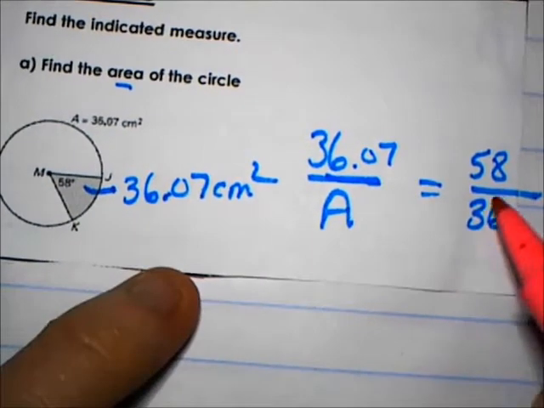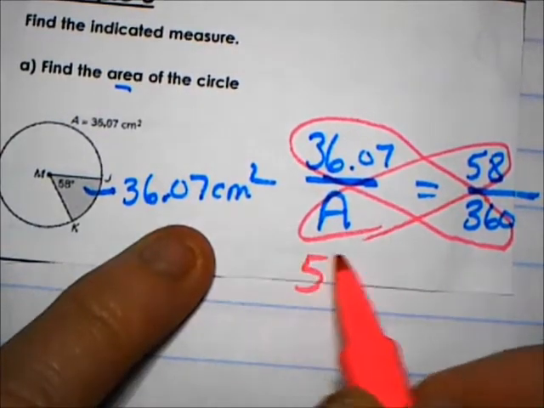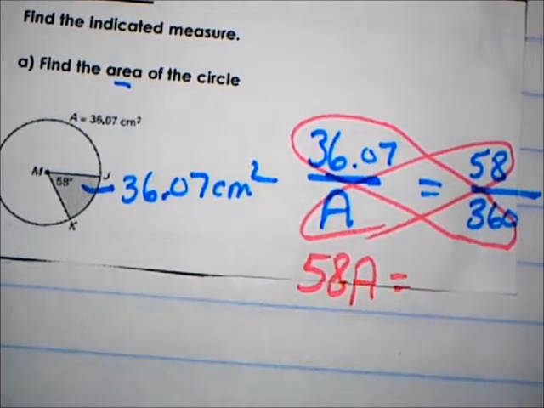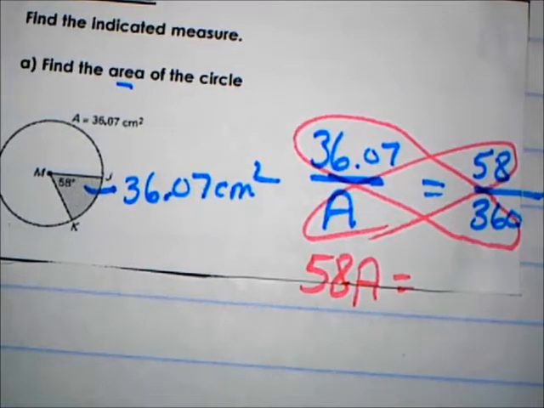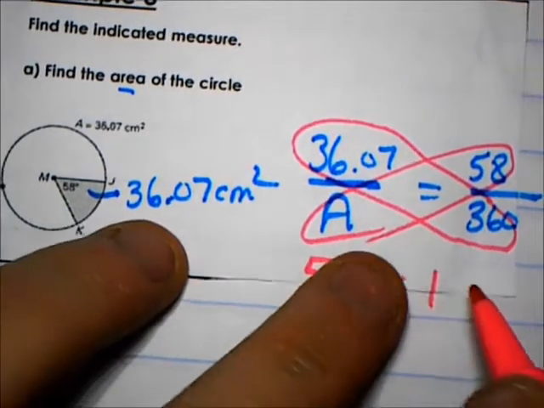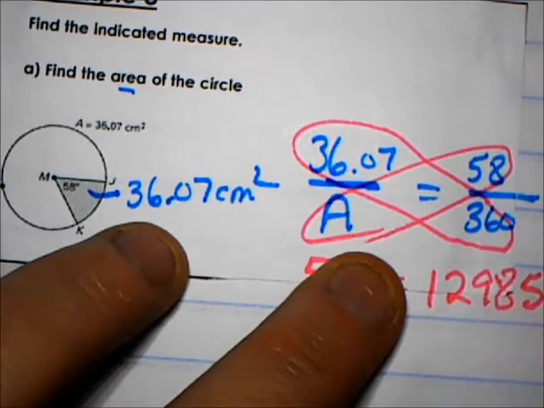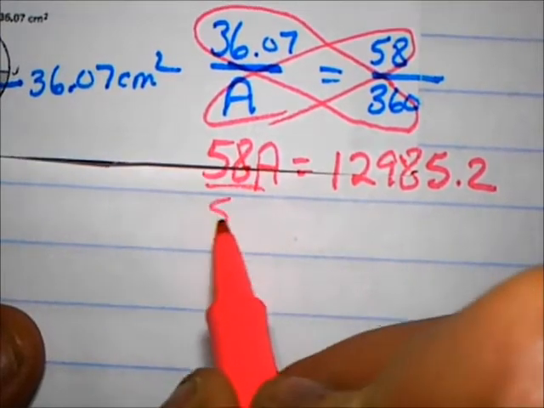Alright, so if I cross multiply, I'll have 58 A equals 36.07 times 360, which gives me 12985.2. And then I just want to divide that by 58.